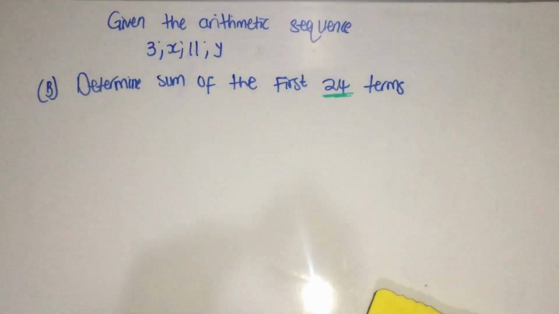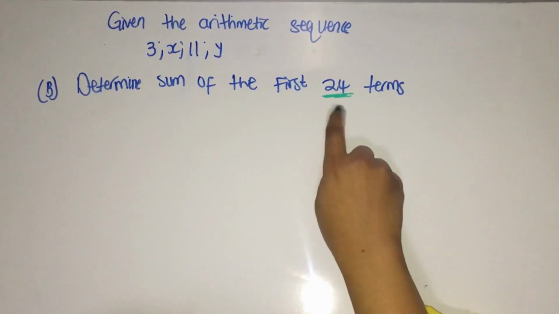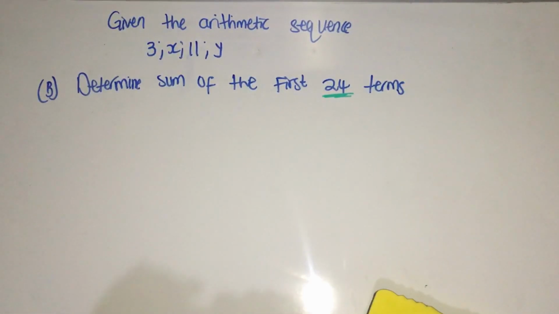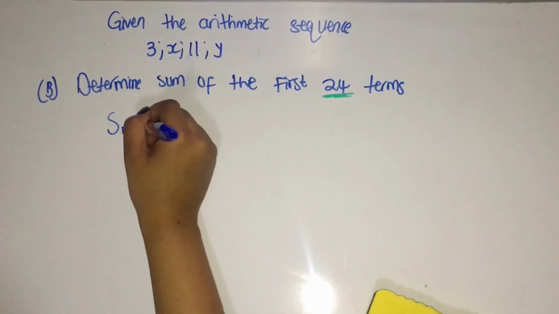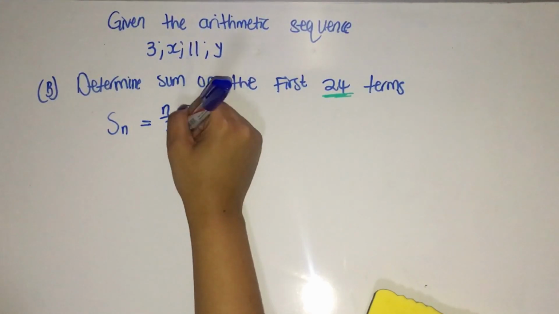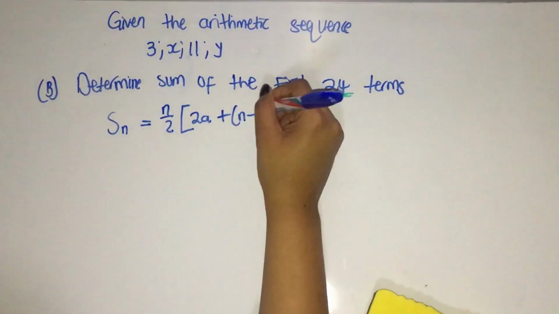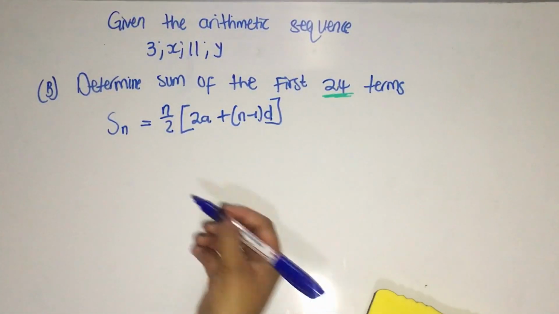Okay, on our next question, we have to determine the sum of the first 24 terms. As you can see, I've marked it green, 24. Now remember the formula for determining the sum of the nth term: n over 2 multiplied by 2a plus n minus 1 multiplied by d. I'm sure you have this formula in your textbook.